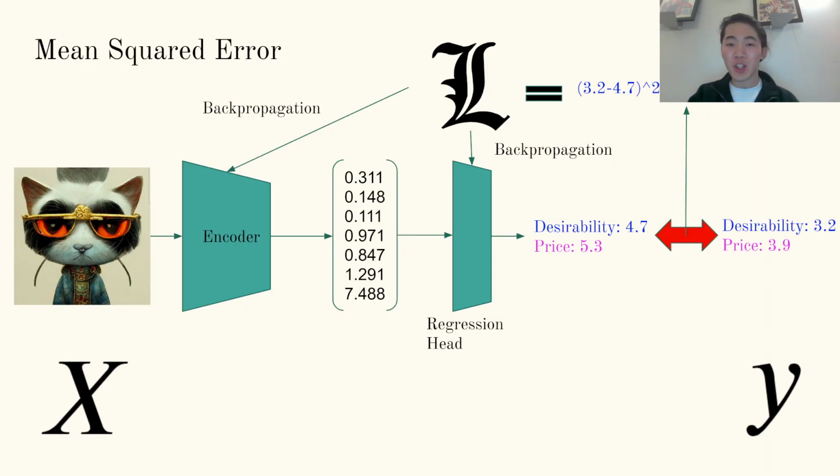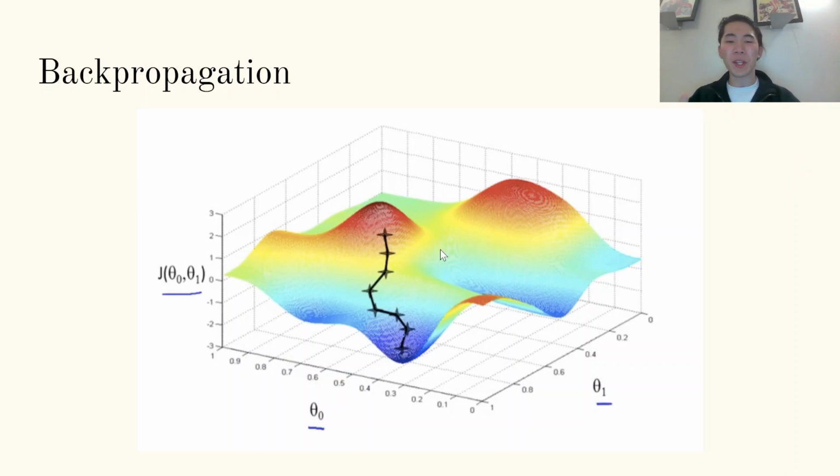And you try to minimize how wrong the model is by minimizing the loss. So what's backpropagation, which is the process we used here to train the model, both the encoder and the regression head? Backpropagation is an algorithm that, given two parameters, let's say theta 0 and theta 1, will tell you the best combination of these weights such that you get the lowest loss, right?